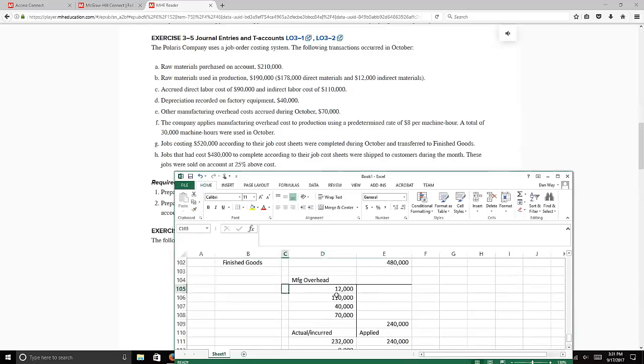So this one, the 12,000 was letter C, that was labor. The 110, or excuse me, C was materials. Sorry, 12,000 was B, the materials. 110 was C, the labor. 40 was D, the depreciation. And then 70 was E, the other overhead. And then over here, F was the applied overhead.